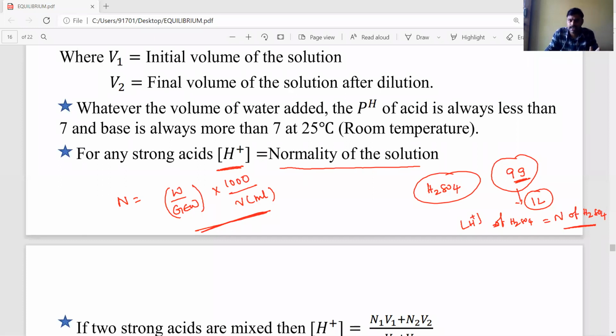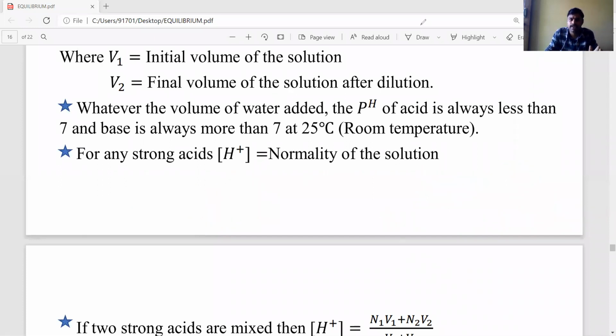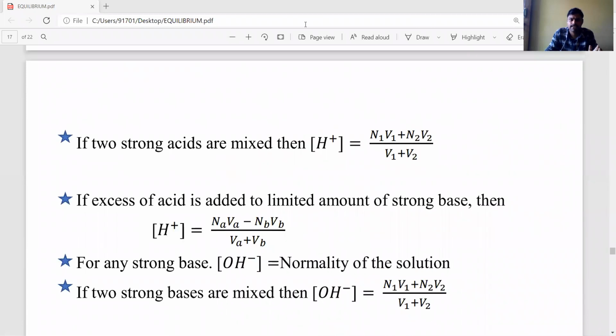Now let's see what happens when two strong acids are mixed. For example, strong acid 1 has normality N1 and volume V1, and strong acid 2 has normality N2 and volume V2.